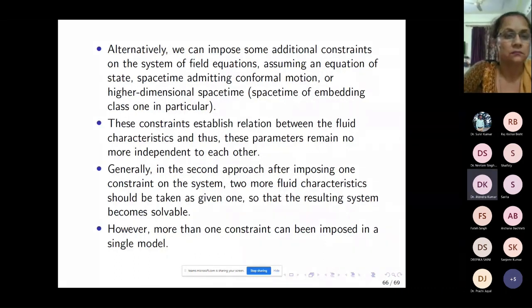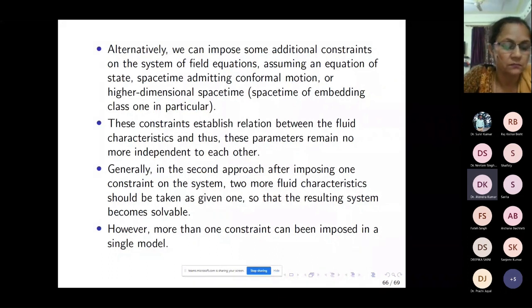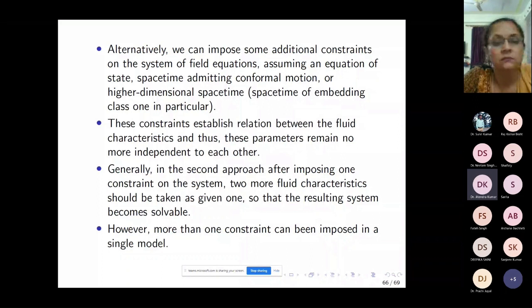In this alternative approach, we can assume an equation of state: the linear equation of state, then the MIT bag model, then the quadratic equation of state, then the color flavored locked equation of state, then the polytropic equation of state, the Chaplygin gas equation of state, and the van der Waals equation of state. By assuming any one of these, we can try to establish some anisotropic as well as some isotropic models.